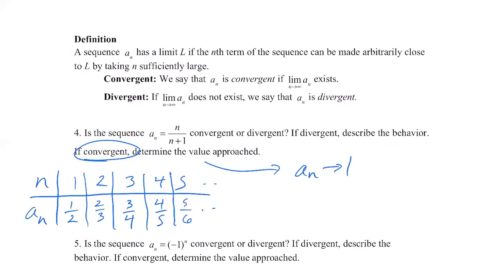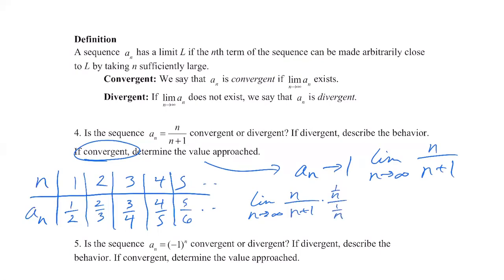Now, we could address this algebraically. Let's consider the limit as n goes to infinity of n over n plus 1. Now, using our trick from the last lesson, we could rewrite this as n over n plus 1 times 1 over n over 1 over n.